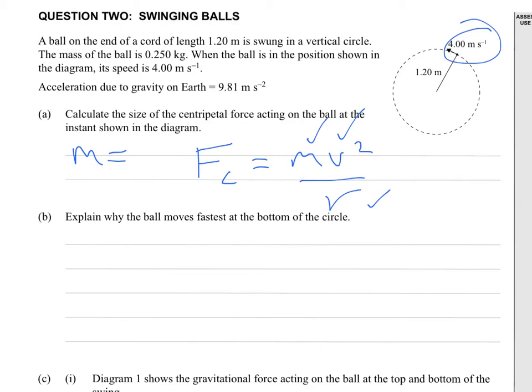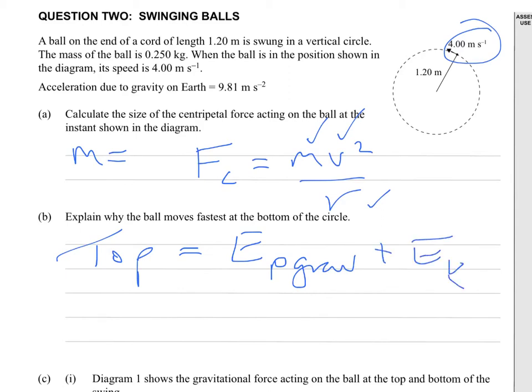B, we have to explain why the ball moves fastest at the bottom of the circle. So you have to consider energy for this point. At the top, you have a mixture of energy stored as gravitational potential and the kinetic energy from the moving ball.